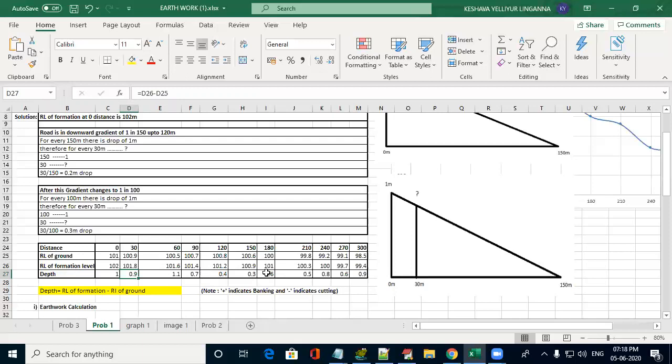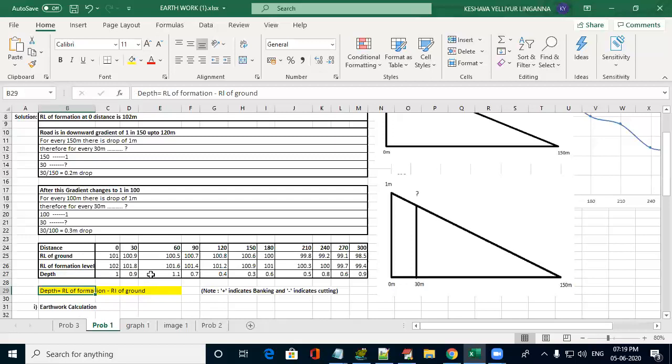If you get the depth value in negative sign, it indicates cutting. So always you have to use the same formula, RL of formation minus ground level. If you do it the other way round, then the positive and negative differ and the whole problem goes wrong. So always remember, it is always RL of formation minus RL of ground level.